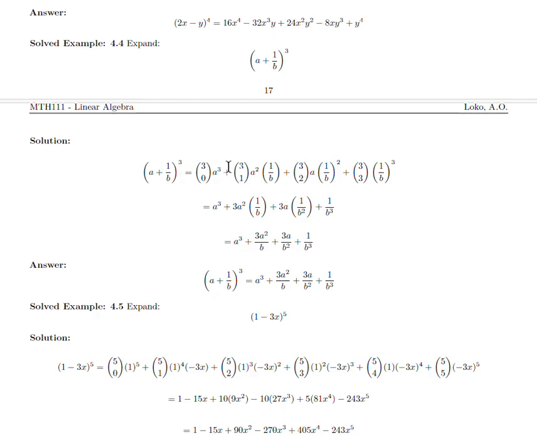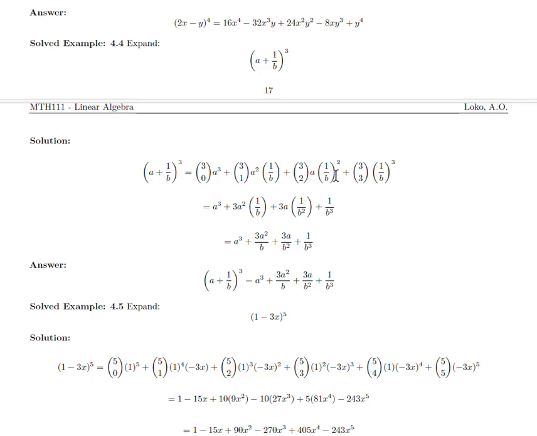So the same procedure, powers of a will descend from 3 to 1, 0, and then powers of 1 over b will increase from 0 to 3. 0 here, 1 here, 2, and 3. So do all that. Our Pascal triangle will be 1, 3, 3, 1, right?